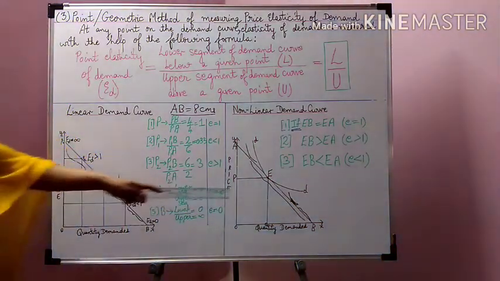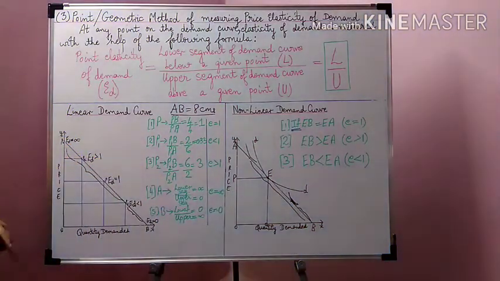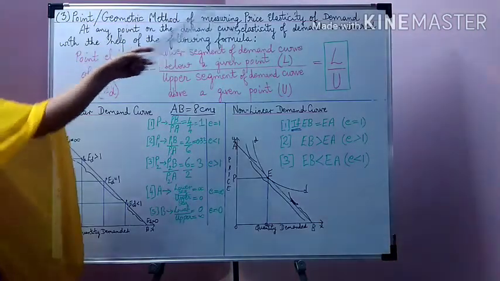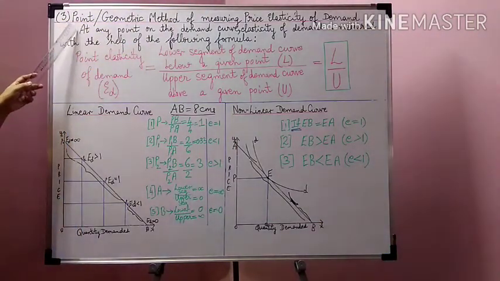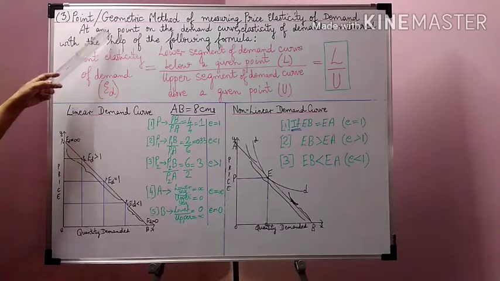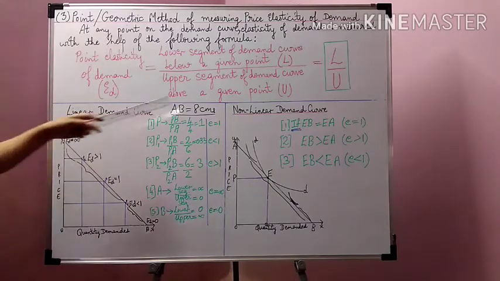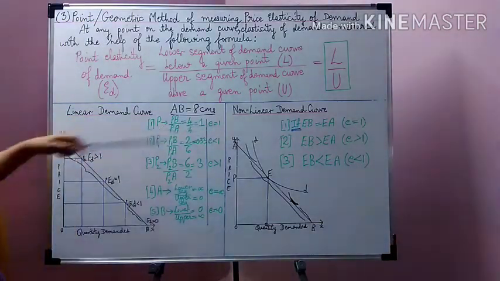It is at this point, then the point elasticity of demand will be known as relatively inelastic demand. So, we can measure price elasticity of demand according to point method or geometric method if it is a linear demand curve and if it is a non-linear demand curve.